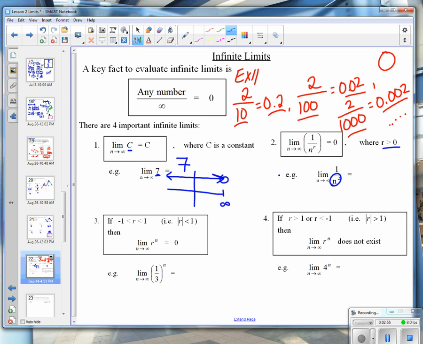If I look at the pattern here, 1 over 1, 1 over 4, because I'm squaring everything, the perfect squares, 1 over 9, 1 over 16, all of these numbers up to 1 over infinity. Looking at this identity, it makes sense that my answer is just going to be 0, because 1 divided by a huge number is going to be very, very close to 0.